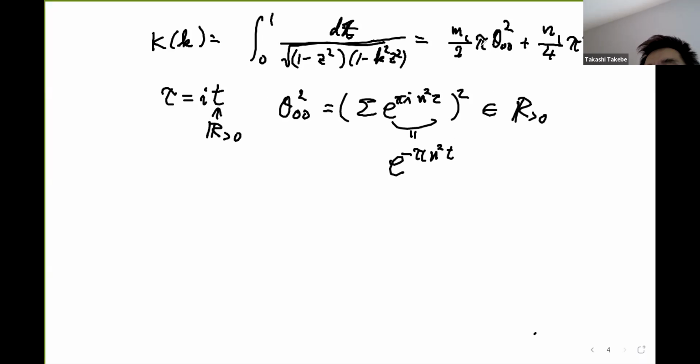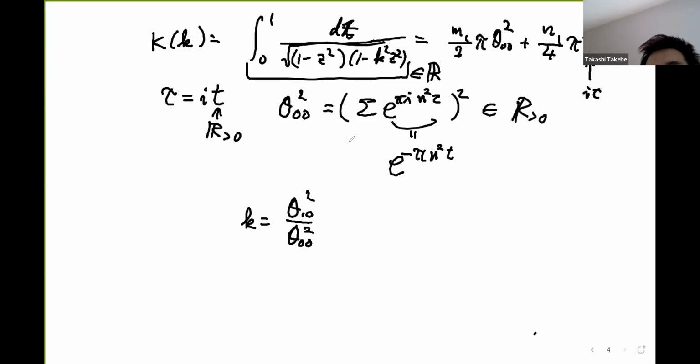So pi is real, m1 is an integer, real, and this is imaginary.